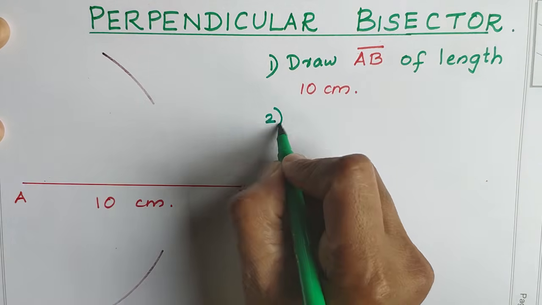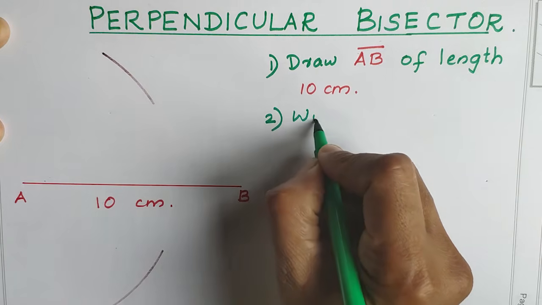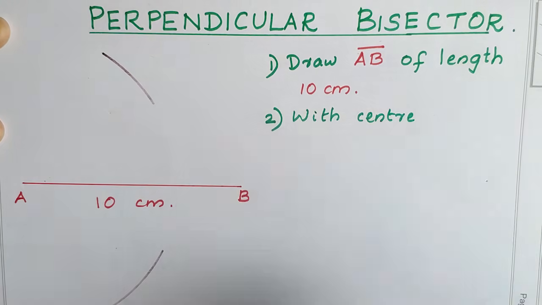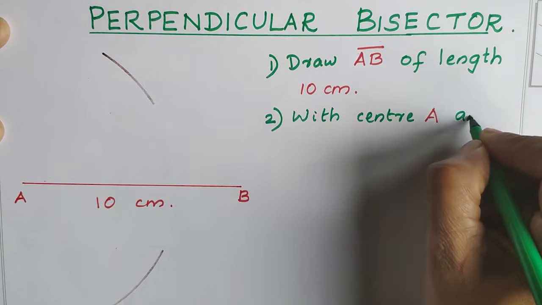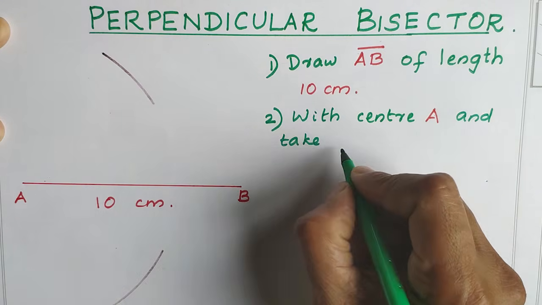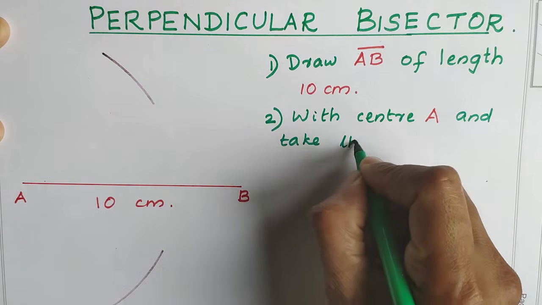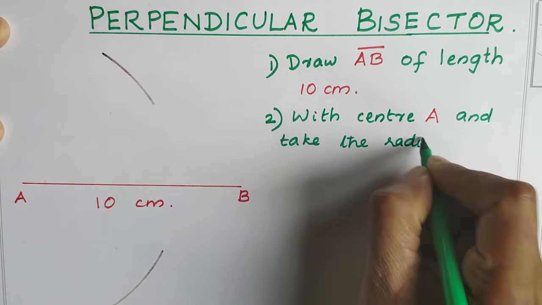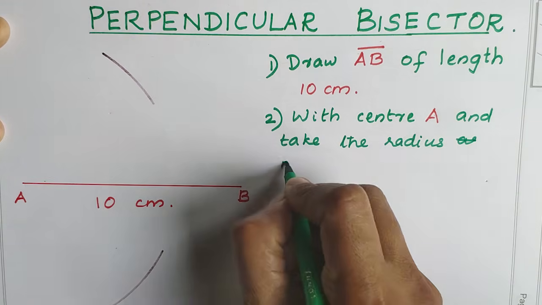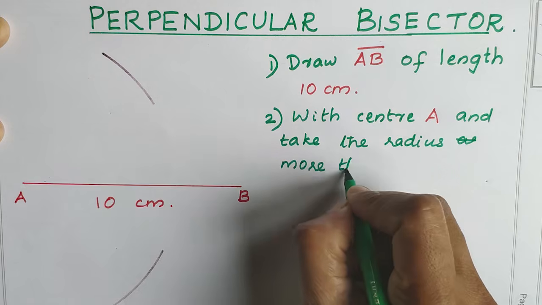Second step, with center A and take more than half of AB, take the radius as more than half of AB.